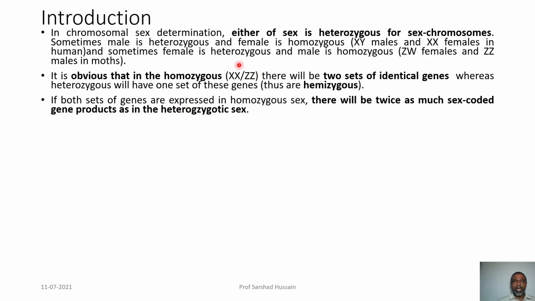Say for example, XX will have double the amount of gene coded product, and ZZ will also have double, whereas XY and ZW will have one set of genes present on the sex chromosome, and hence the product coded by them will be in half the amount.